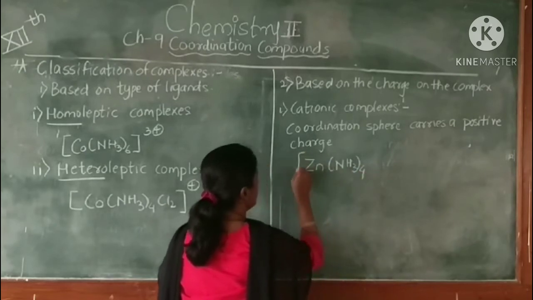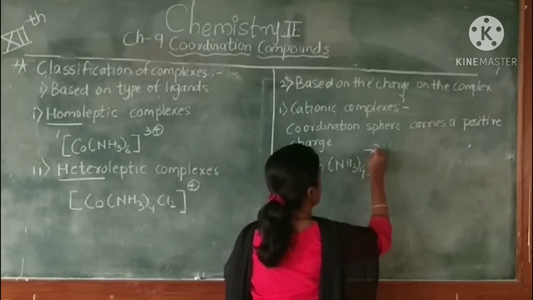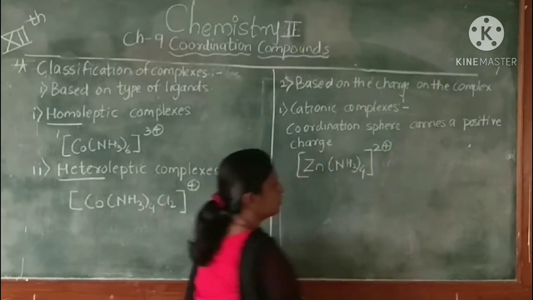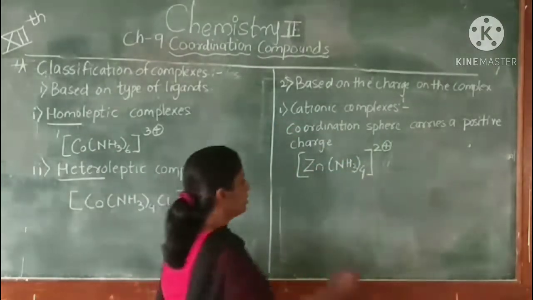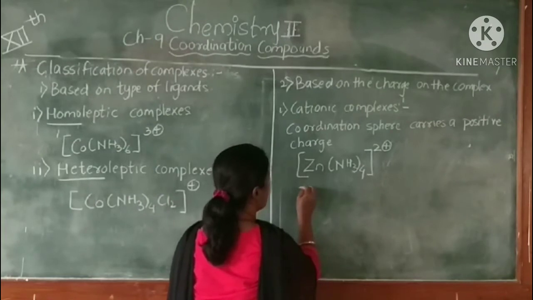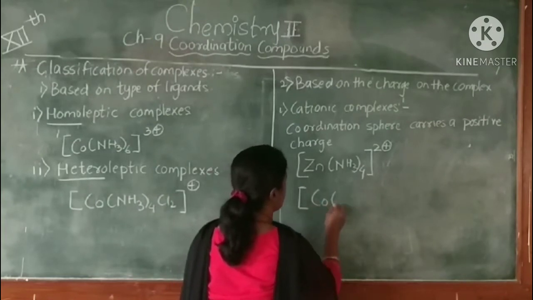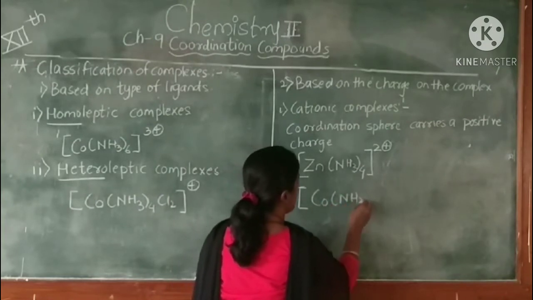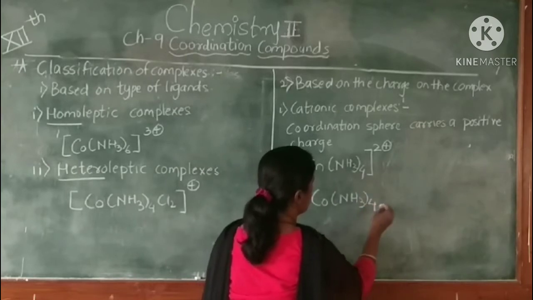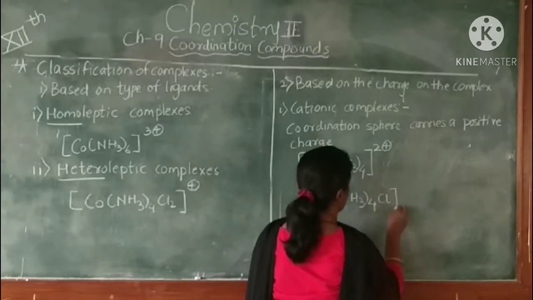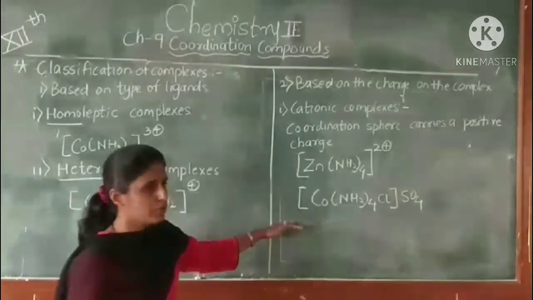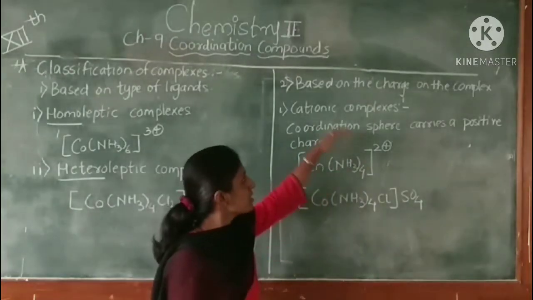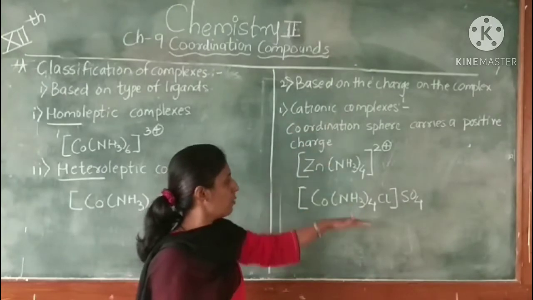Zn(NH3)4. Now this complex is carrying a positive charge 2+, so it is a cationic complex. One more example I will show you, of cobalt. Now here you may find it confusing why it is classified as a cationic complex.